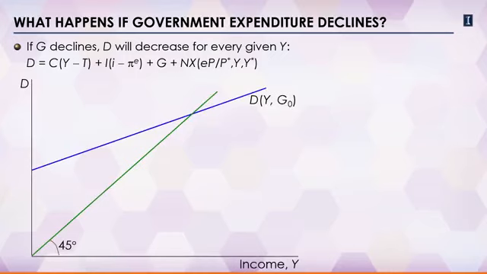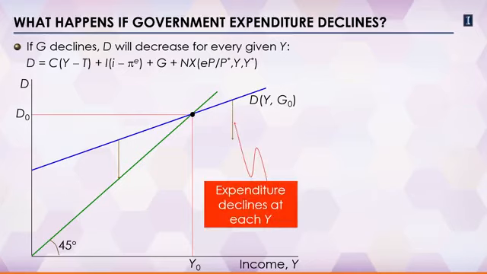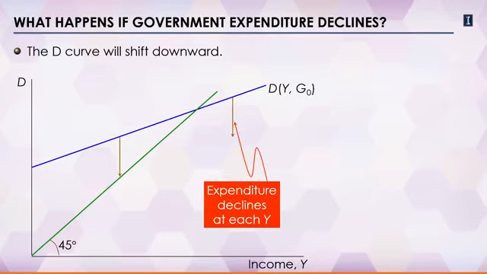So we're in equilibrium at y0, d0, and let's say government expenditure declines. At whatever level of income we are, aggregate expenditure declines. So this causes the whole D curve to shift down.